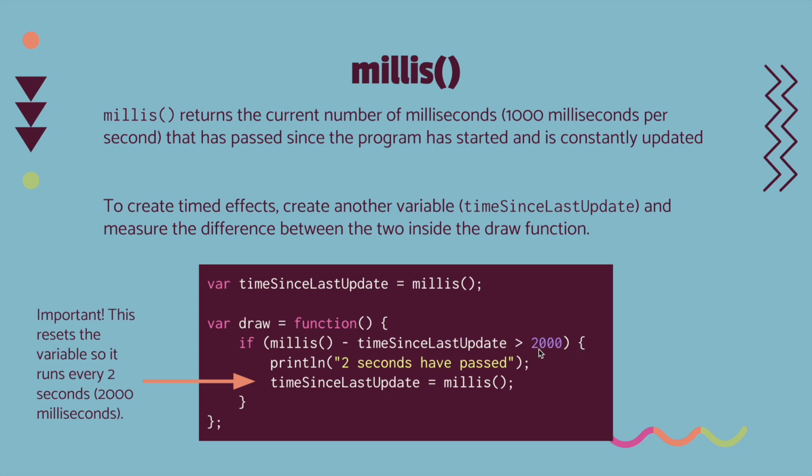If it's greater than 1 second, so you want 1000 milliseconds instead of 2000 milliseconds, you want to go ahead and set the time since last update to the current time, so that later on when it's comparing for a 1 second difference, it's going to get the newest change, not the initial program.